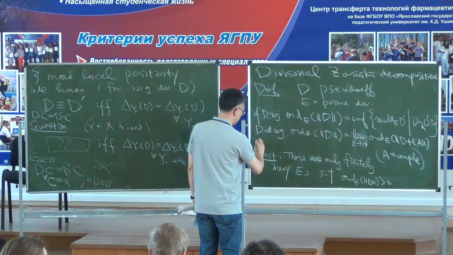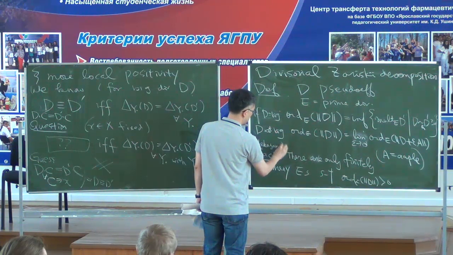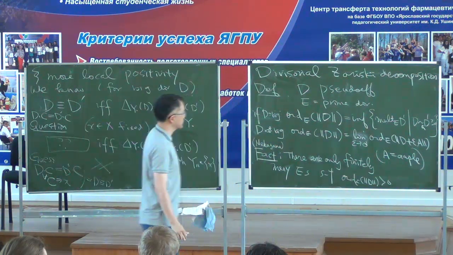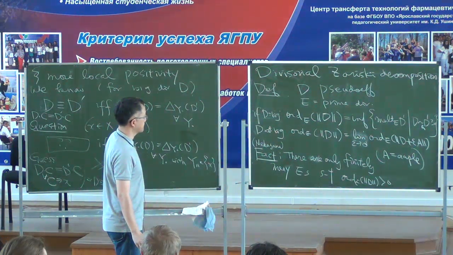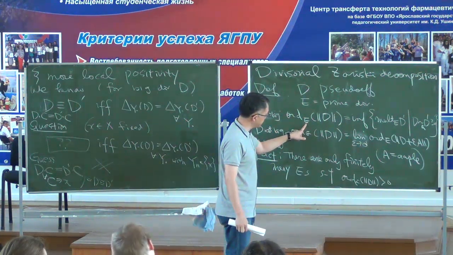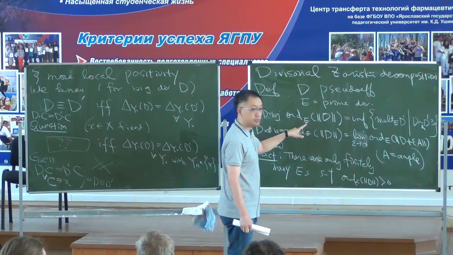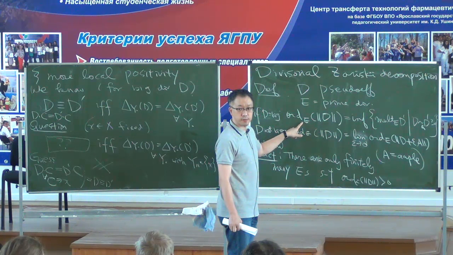I think this is fine. So there are actually finitely many prime divisors whose asymptotic order is positive.